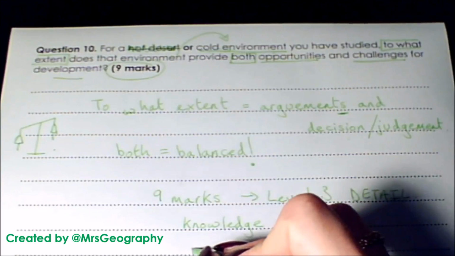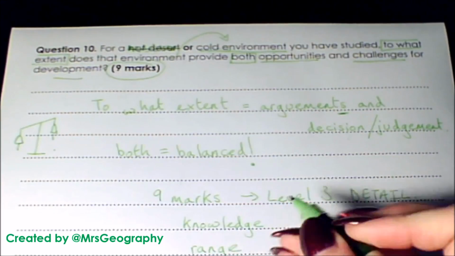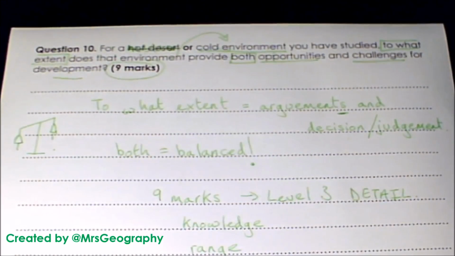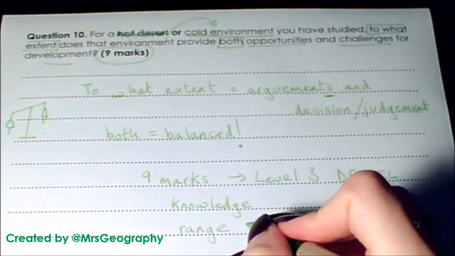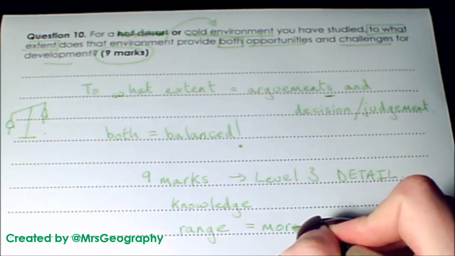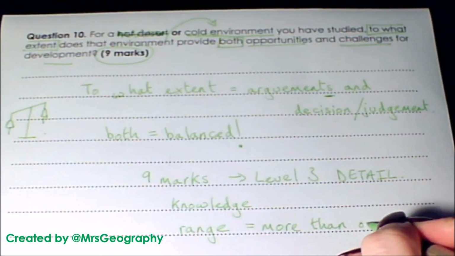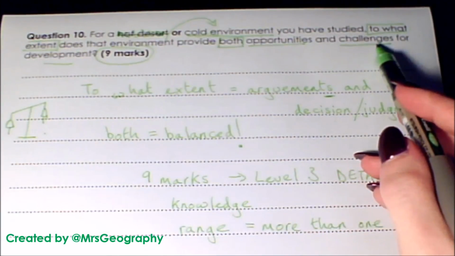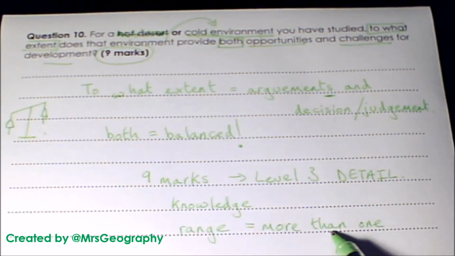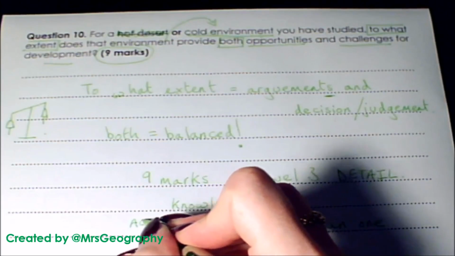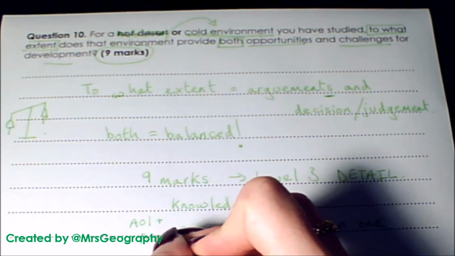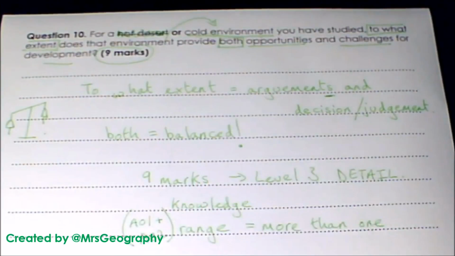You've got to provide a range of arguments. So a range of opportunities, so range means more than one. You've got to give a range of challenges, again, more than one. That would make up your AO1 and AO2 marks of the question.